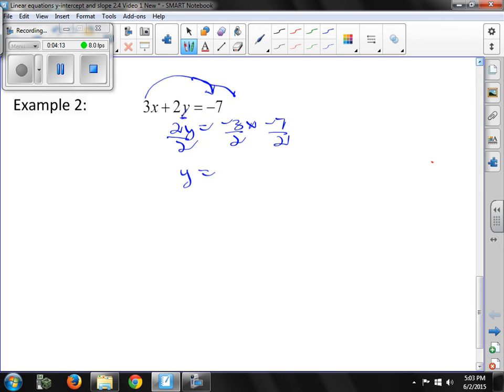So y equals negative 3 halves x minus 7 halves. The slope of the line is the coefficient in front of the x, so the slope is negative 3 halves. Now let's go to the next page.